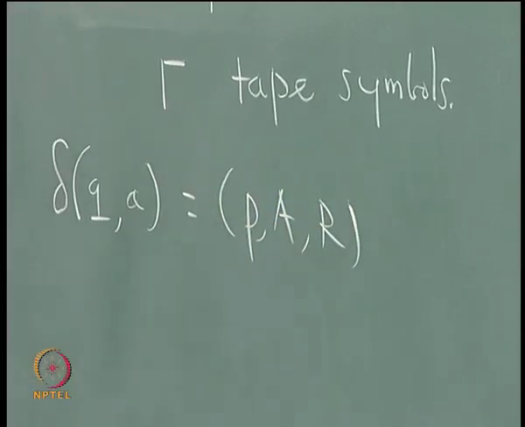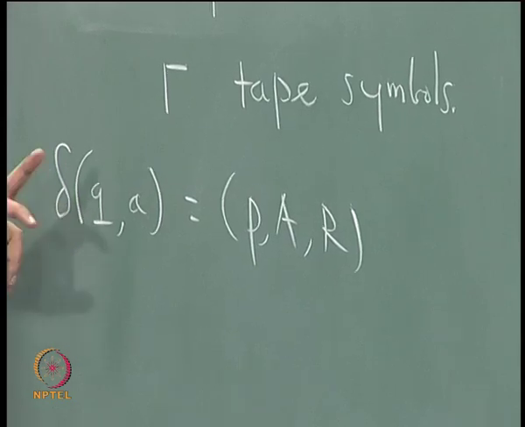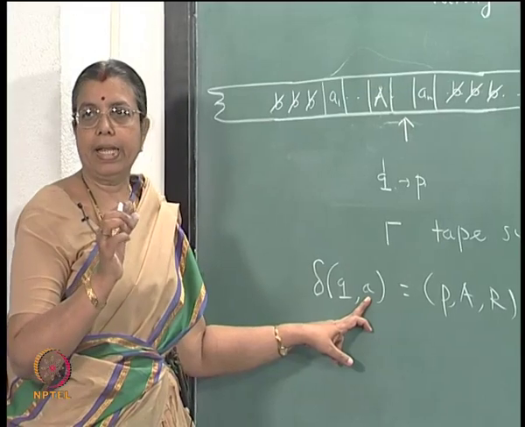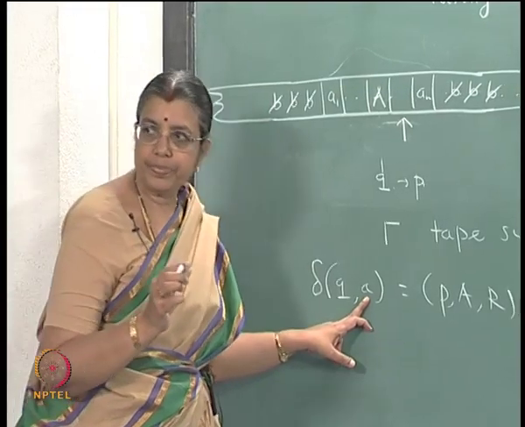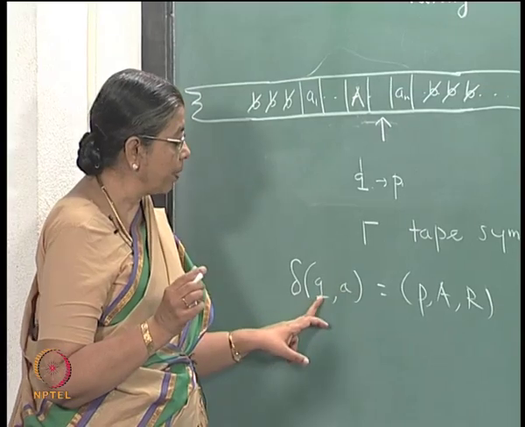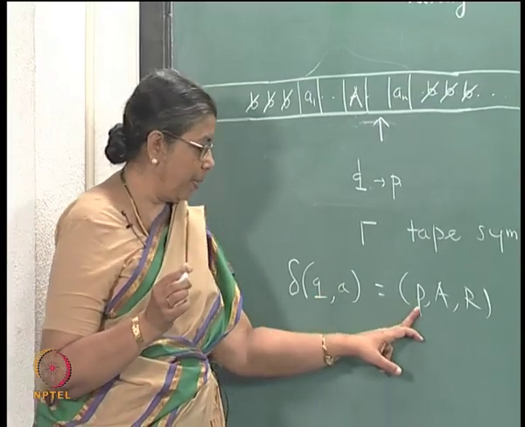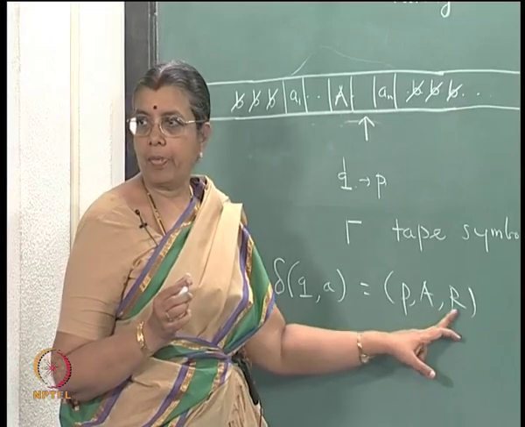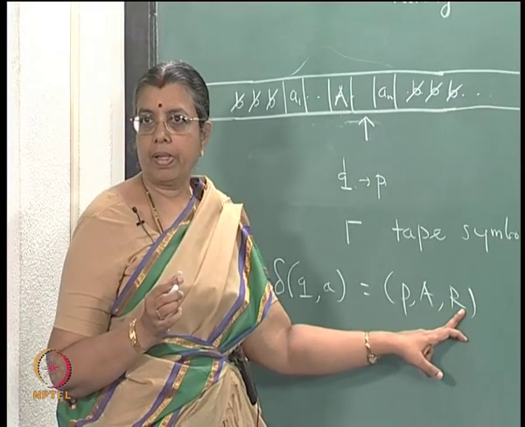Formal definition I will write in a moment. This means that in state Q, if you are reading A, each cell contains one symbol. So, if you are reading A from Q, you will go to state P, instead of small a you print a capital A and move right. Okay?